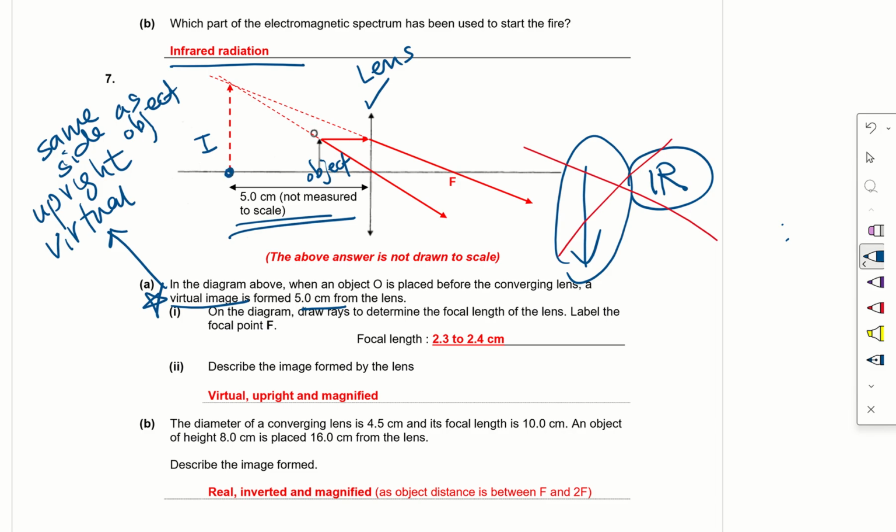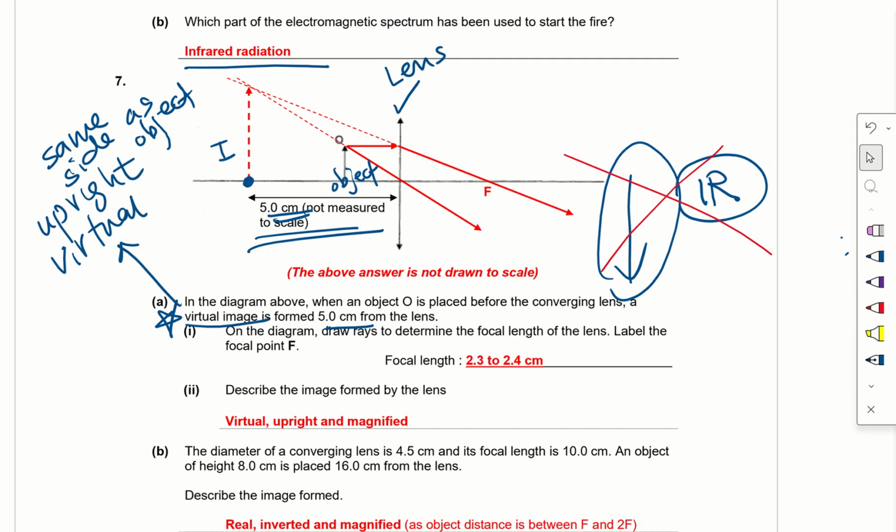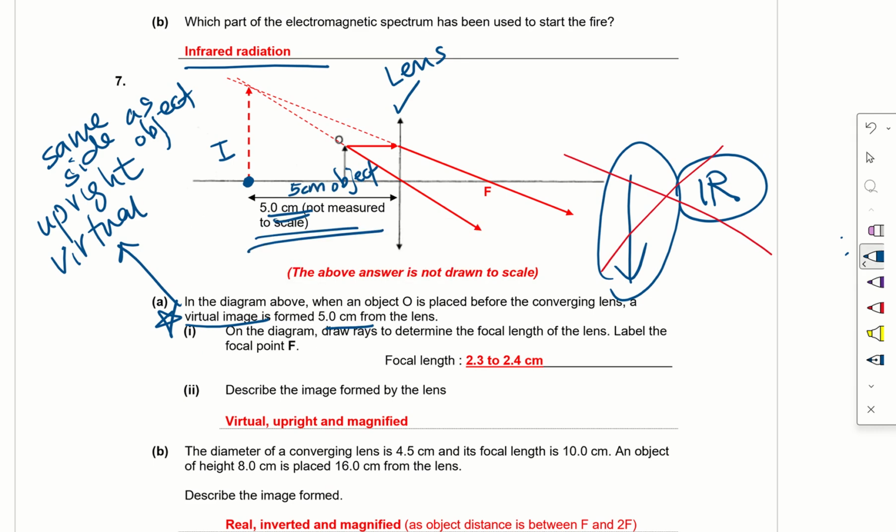We only know the image is 5 cm from the lens, and you need to draw it to scale. Over here the question says 5 cm not measured to scale because this is the answer given by the teacher. So you actually have to measure physically 5 cm.